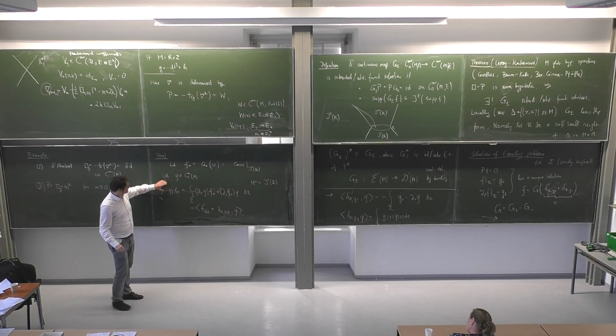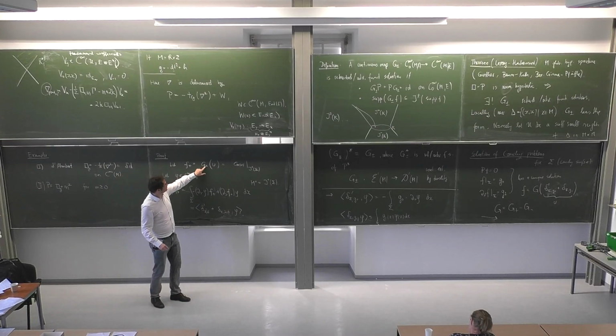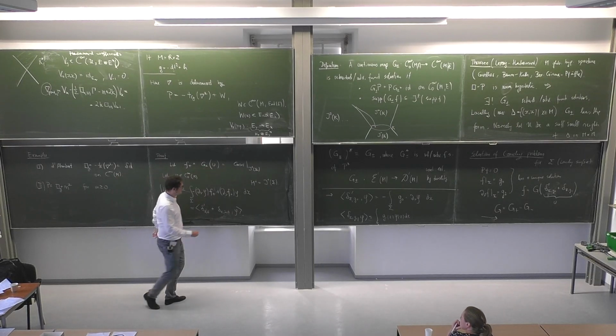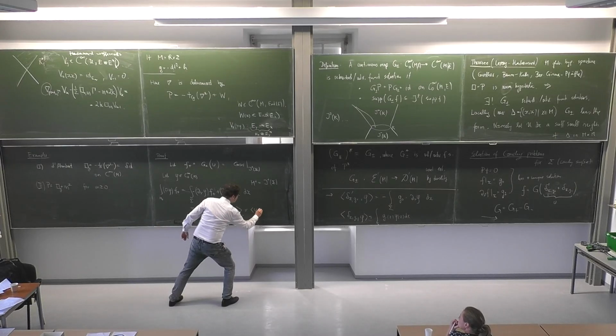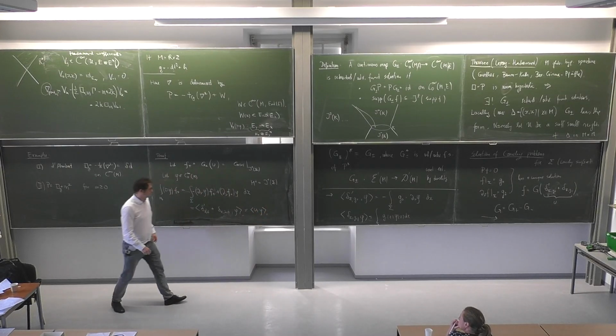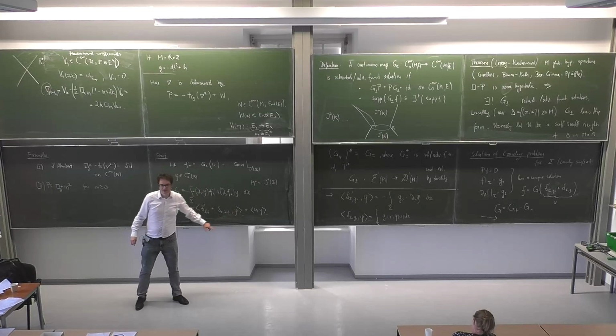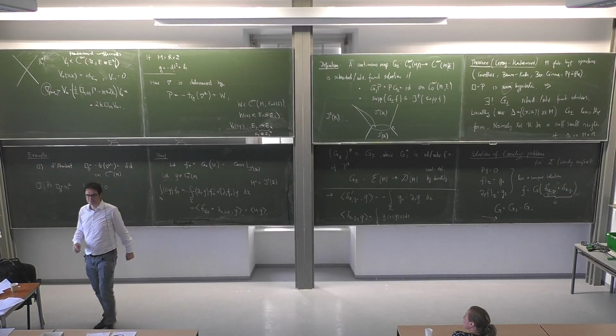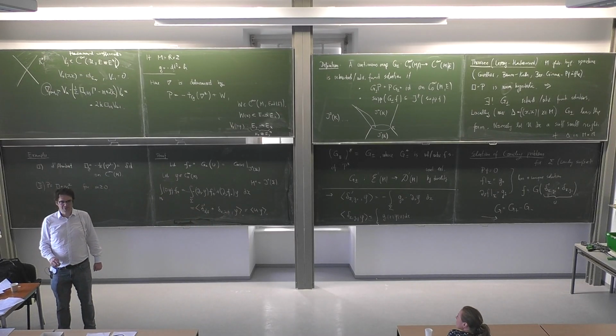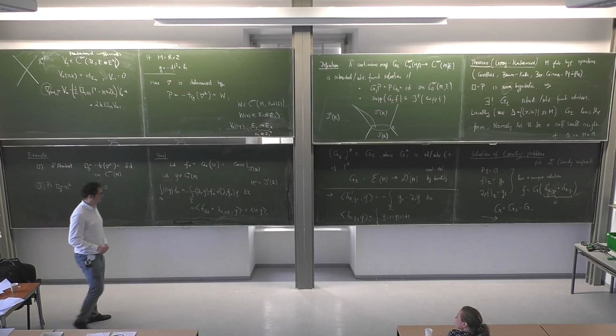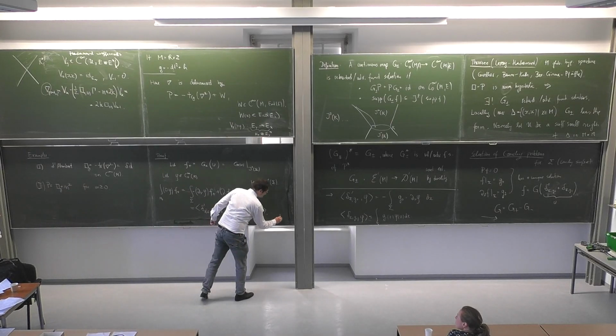At the same time, this is the distributional derivative of f plus. But the distributional derivative of f plus is u. So this must be the same as u phi. And now you can compare, and you can see that the solution has the same Cauchy data. Okay. So that shows that this is really a solution.